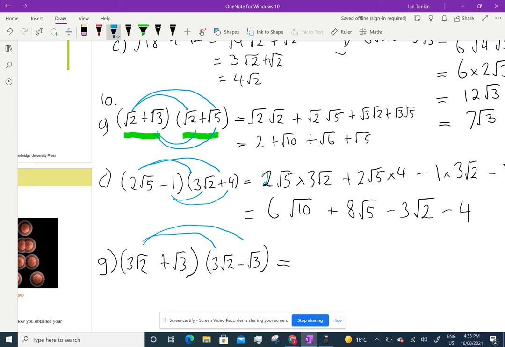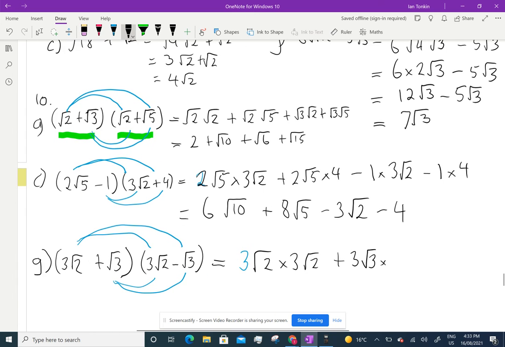That one times that one, and that one times that one, this one times this one, and this one times this one. Okay, so I get 3 root 2 times 3 root 2 plus 3 root 2 times, now I have to be careful, minus root 3.